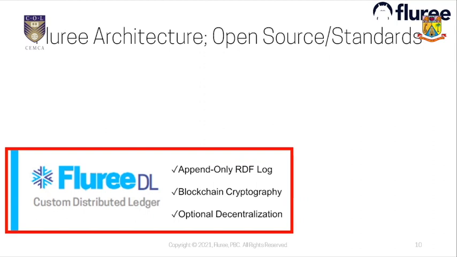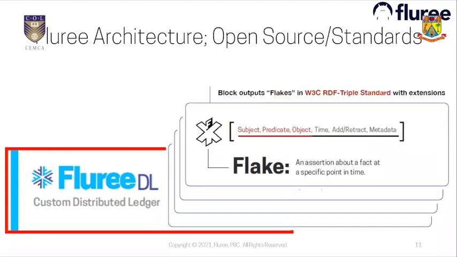Flurry combines transactions into immutable time-stamped blocks and locks each block via asymmetric cryptography for complete integrity. And this immutable ledger of data allows us to categorically prove time and source for every datum in the system.